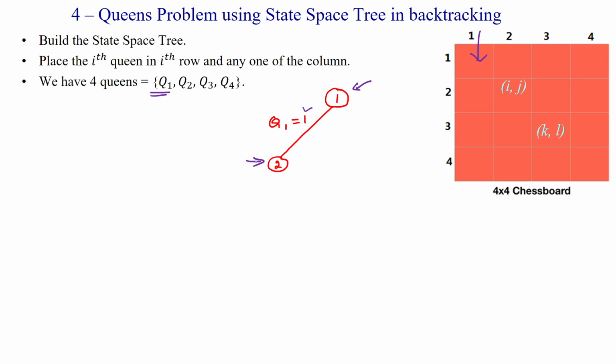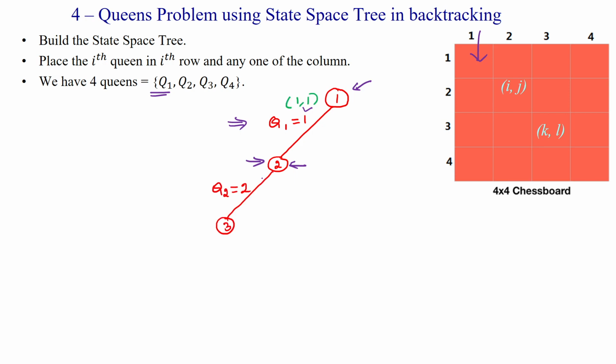Now I am going to explore node 2. Before exploring node 2, I have to check whether any other queens are there or not. But as of now, we have only one queen in this construction of the state space tree. Then you explore node 2 for placing the remaining queens.